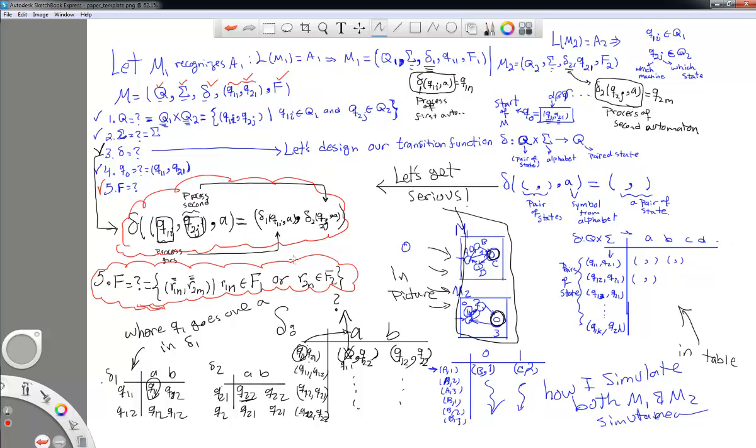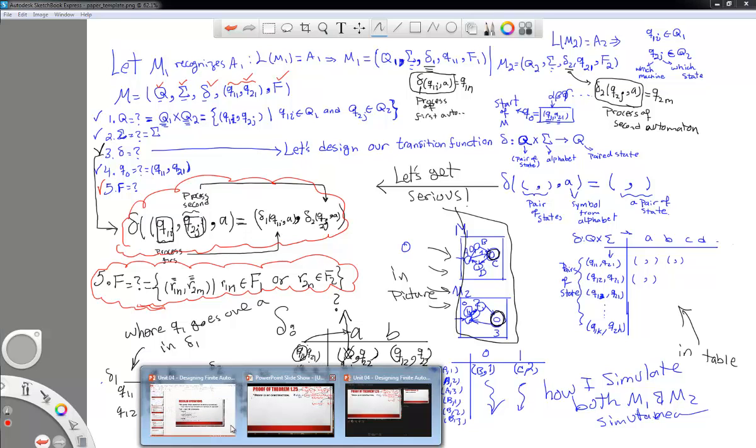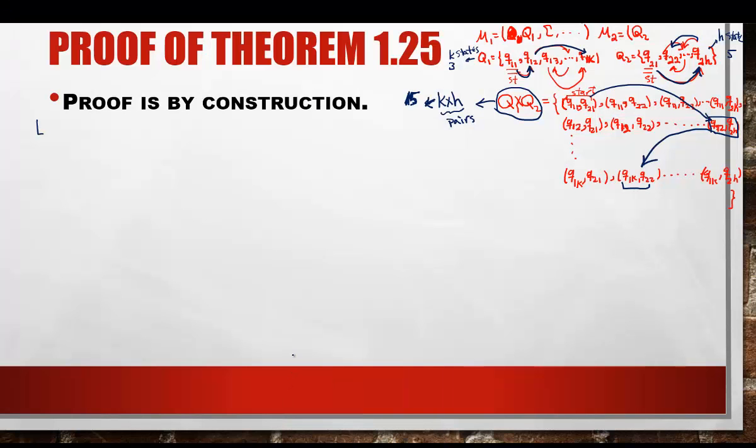And now I'm good. I have an automaton that accepts the union of the two languages, and therefore I proved that the set of regular languages is closed under the union operation. So all that, long story short, is proof by construction.